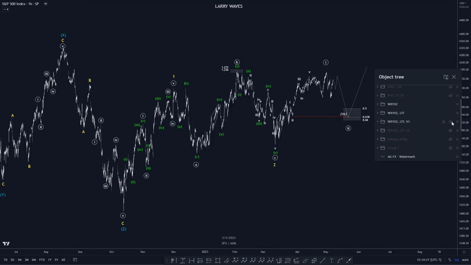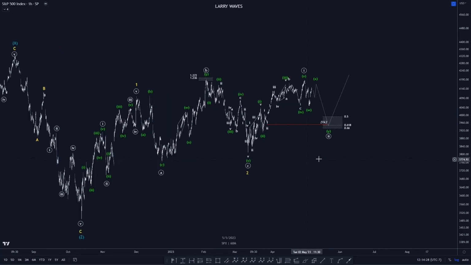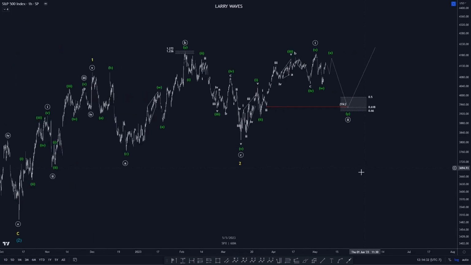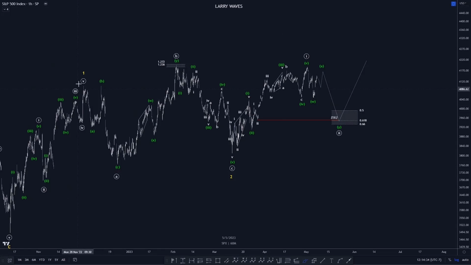The first way is what we've been speaking about before, where this is a running flat, an ABC for wave two. And then after that, we do a 1, 2, 3, 4, 5 for wave one. And this looks very three wave-ish right here.